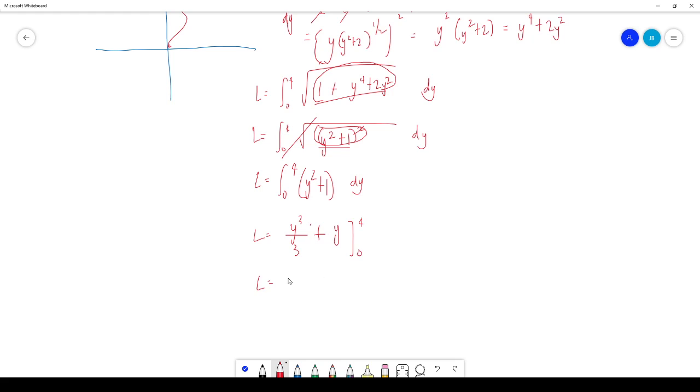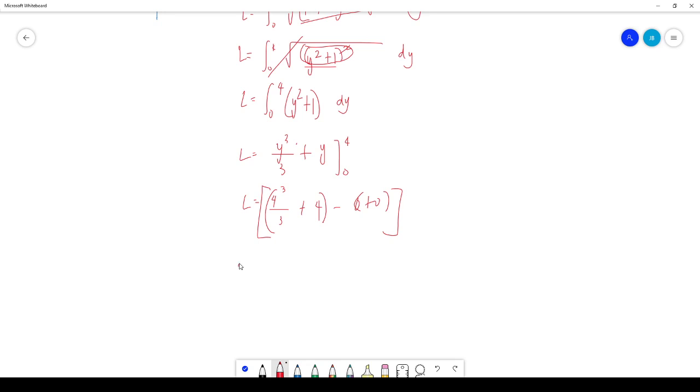So your length is 4 cubed over 3 plus 4 minus 0 plus 0. Obviously, that's 0. So 4 cubed over 3 plus 4. That's 76 over 3 units. This is your final answer.